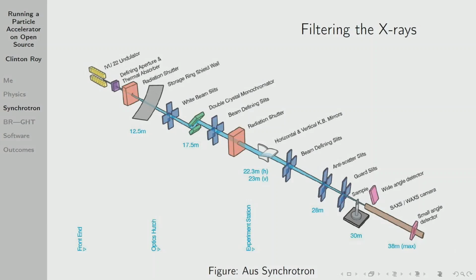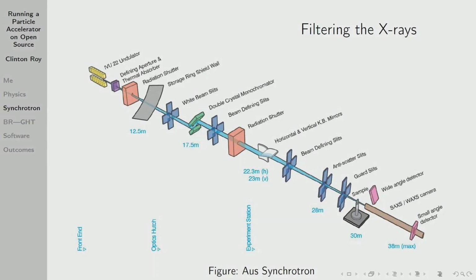We filter a lot of the X-rays out. So when it comes down to the double crystal monochromator, so chromo, colour, mono, single, that is the really important element of all of the beamlines. That's the thing where white light of all different frequencies and energies goes in, and out the other side of it comes just a single or a very narrow band of X-rays of just one energy.